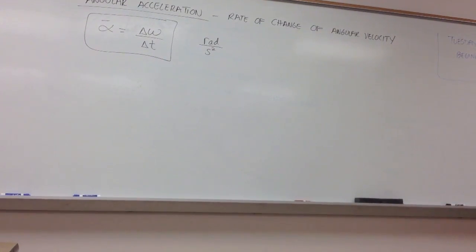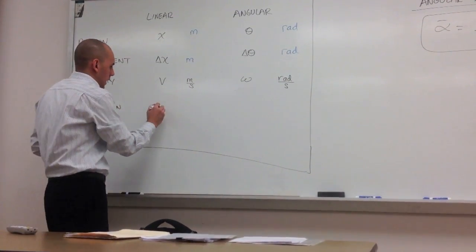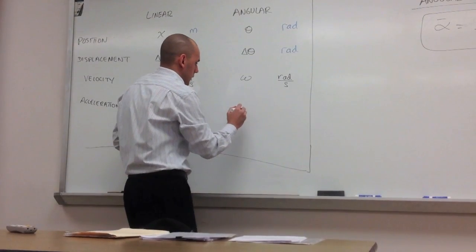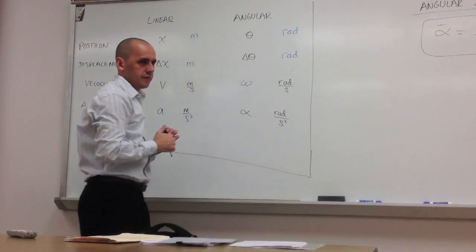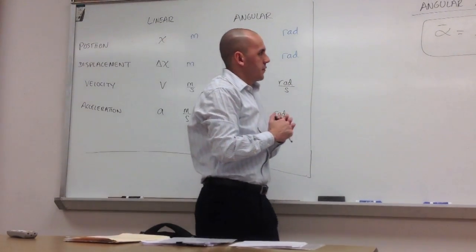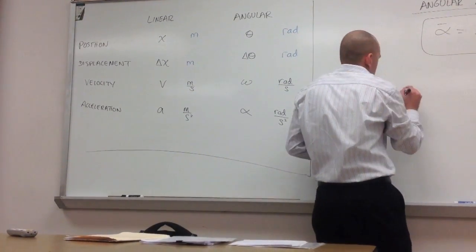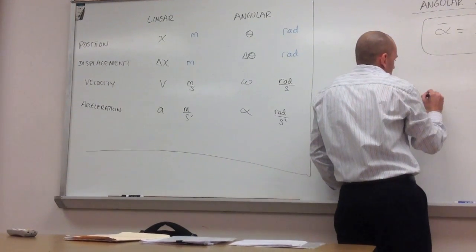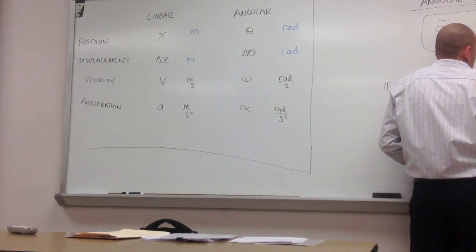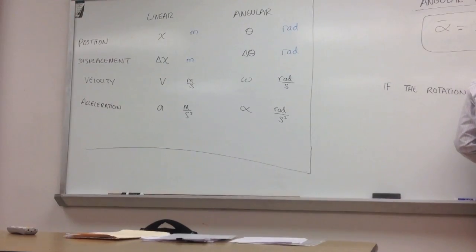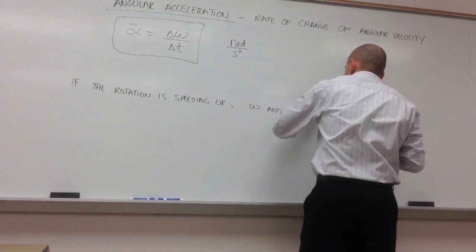So let's just add on some more things over here to our list. Acceleration A has units of meters per second squared, and now alpha has units of radians per second squared. If the rotation is speeding up, then omega and alpha have the same sign.